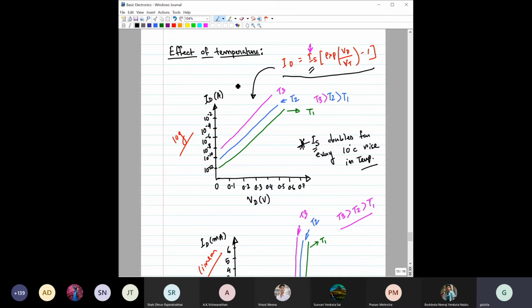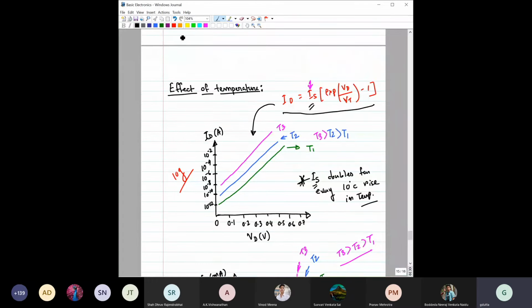Now in this context, this is not that relevant, but maybe if I write that equation, it would be better. Just a minute. This is the equation of IS only.